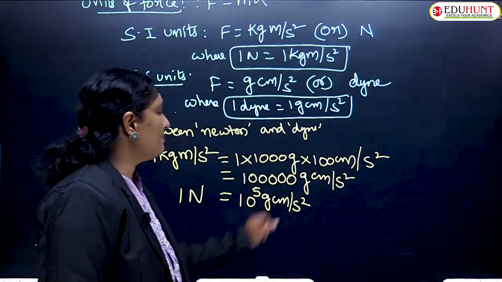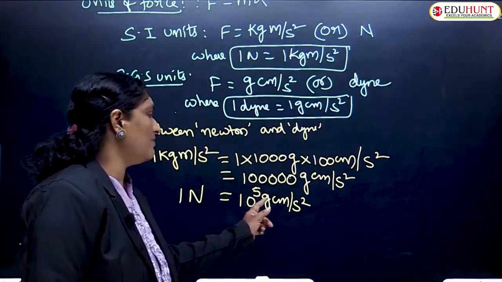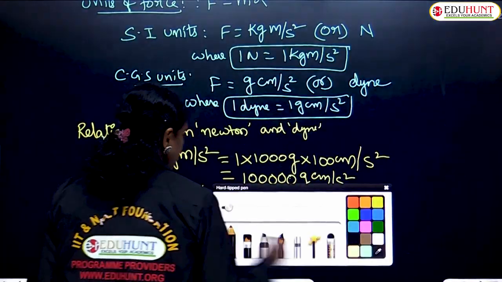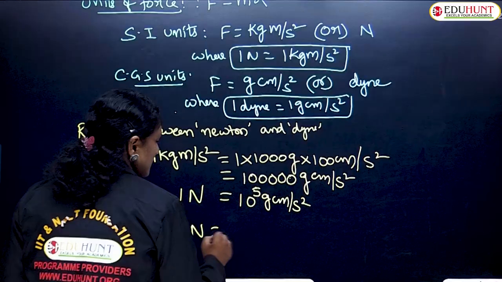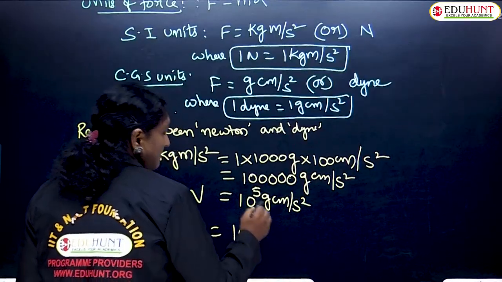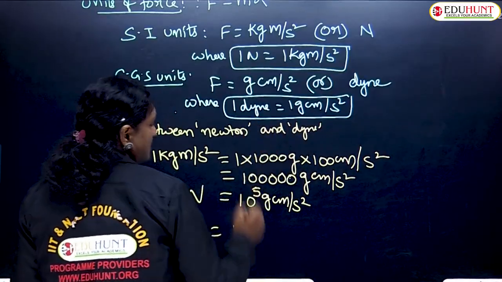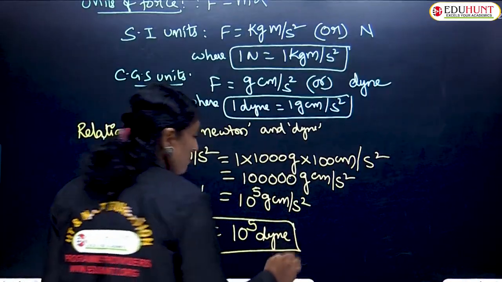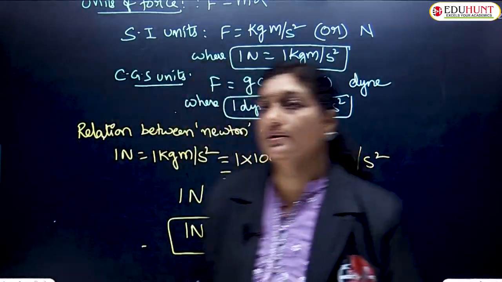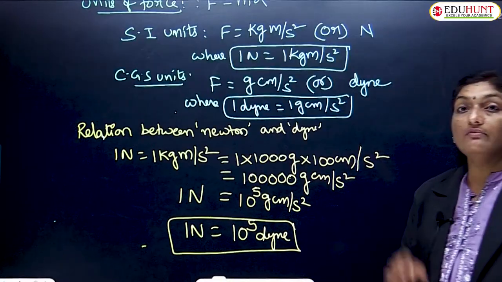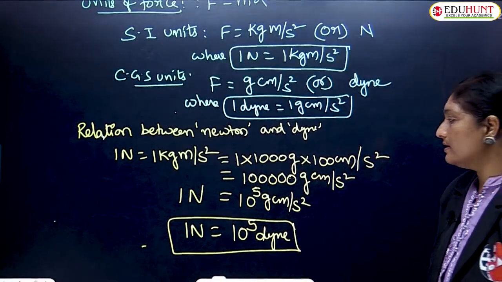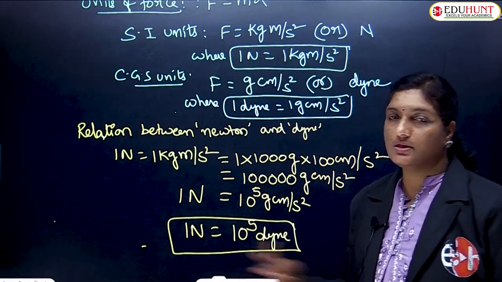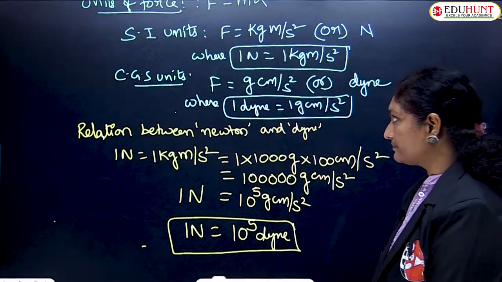So here we have 10 power 5 gram centimeter per second square. Hence we can say that 1 Newton equals 10 power 5 gram centimeter per second square, which can be written as dyne. So remember this, children: the value of 1 Newton is equal to 10 power 5 dyne. You need to remember this at any cost.